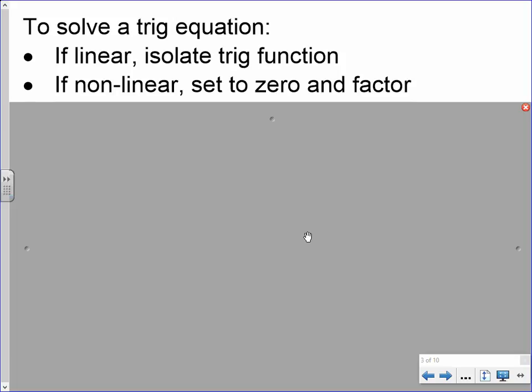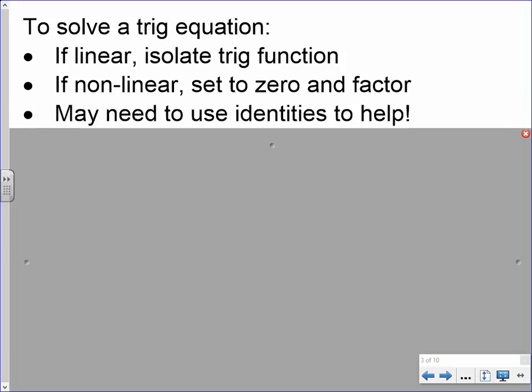We can only factor if our equation is set equal to 0. There will be numerous times where we will have to factor. We may need to fall back on our fundamental identities to help us. If we cannot factor one of our equations, it is possible for us to use an identity kind of as a last resort to rewrite it, so then maybe we can factor it. I'll show you what I mean today in one of our examples.